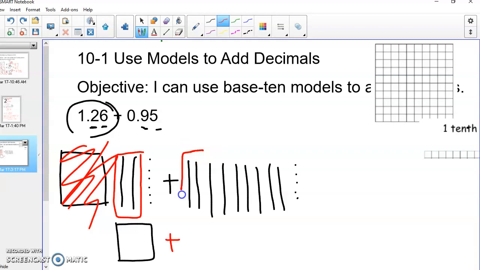We have 1, 2, 3, 4, 5, 6, 7, 8, 9, 10. So that would equal 1 whole again, because if I add 100 cents, that would be $1. So each of these are representing 10 cents. Okay, so I'm going to cancel those out.